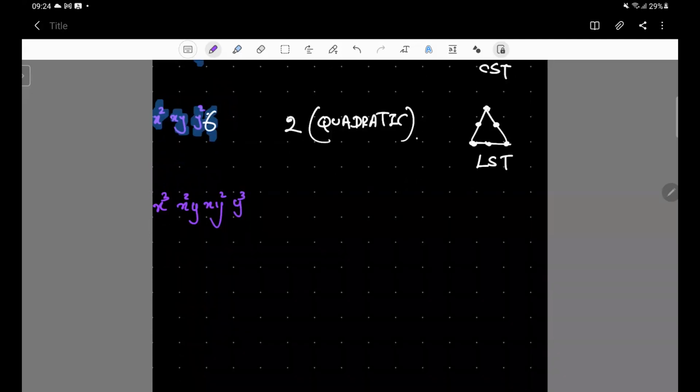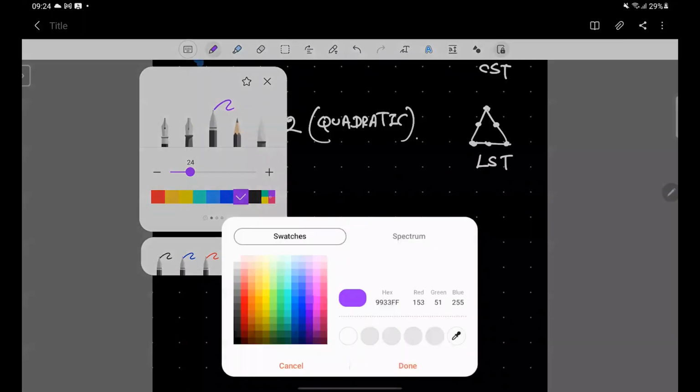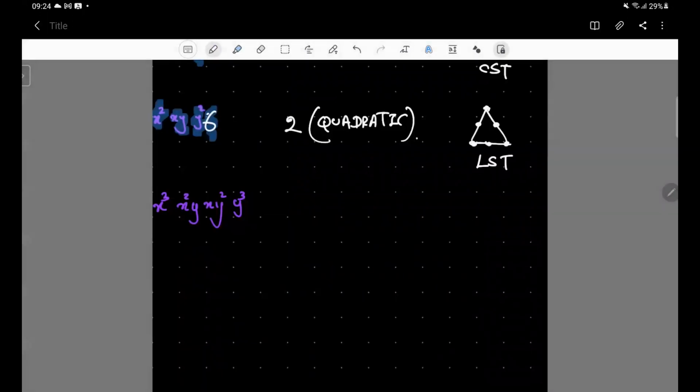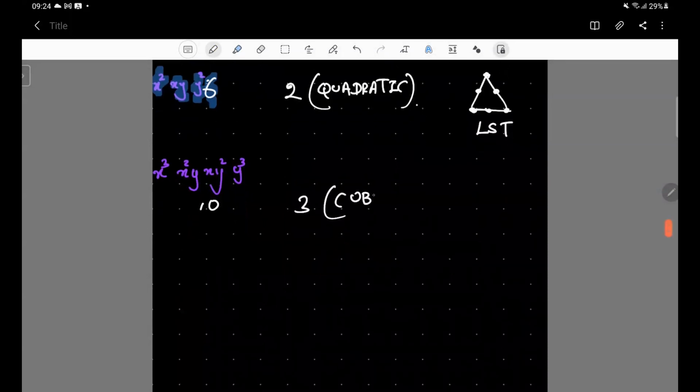Altogether, we have 10 terms. The degree is 3. These are cubic polynomials.